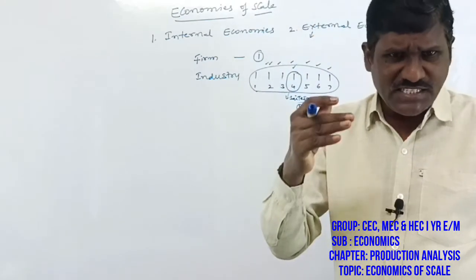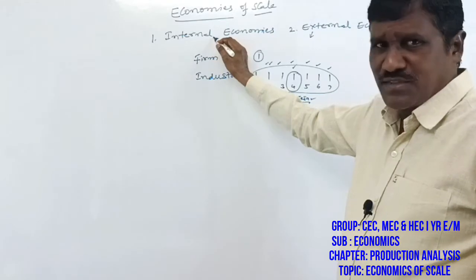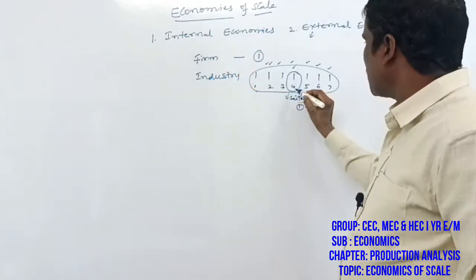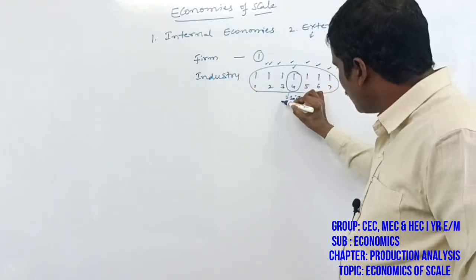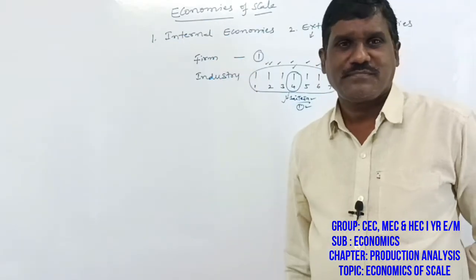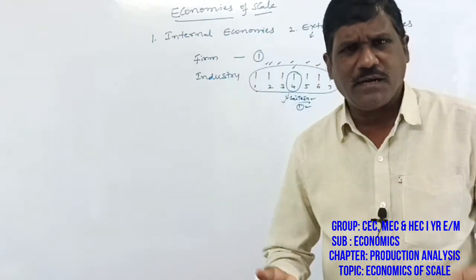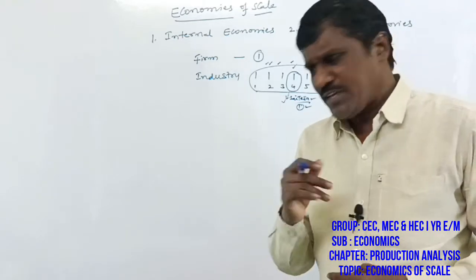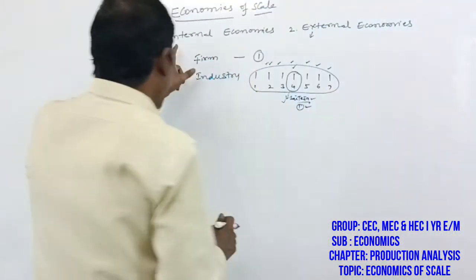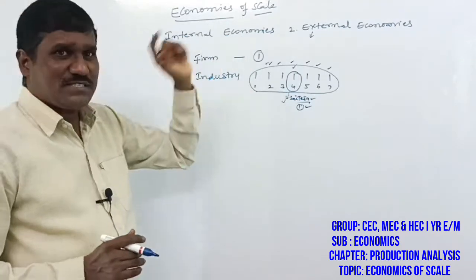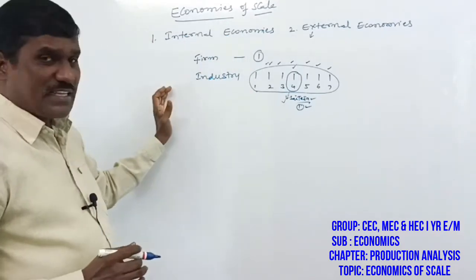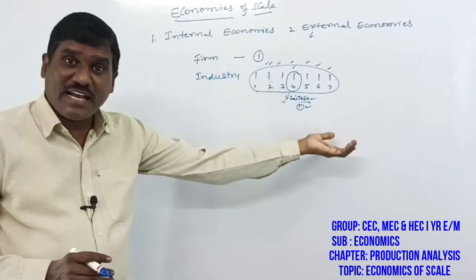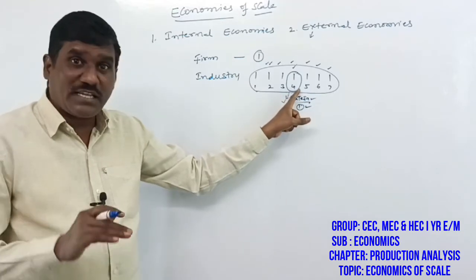That one firm increasing its output is called internal, as already discussed. Why, sir? What are the reasons? Why are the remaining firms not getting good profits? What are the reasons behind the rise of internal economies? Internal means one and only one increases.